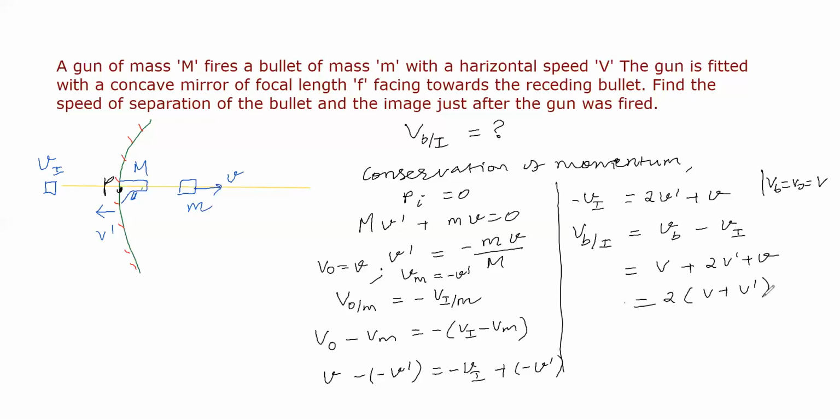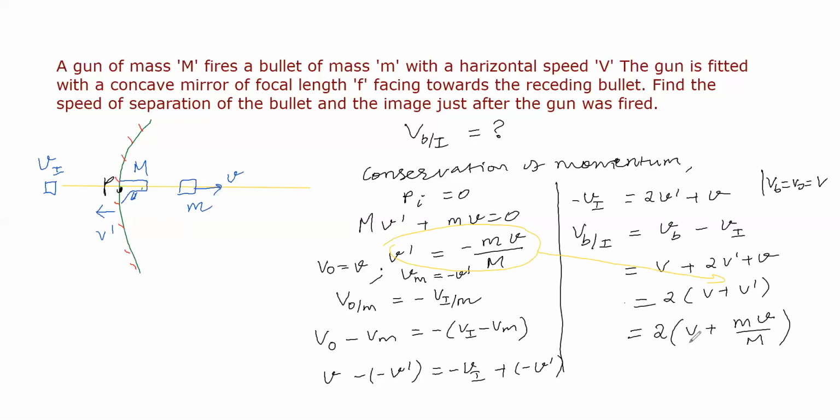Now we are going to substitute the v dash value. Already with the directions this will be substituted, so that now we will get the answer as 2 into v plus v dash, which is m into v divided by capital M. This minus indicated that the gun velocity is opposite to the bullet velocity, so here we are going to substitute magnitude only.